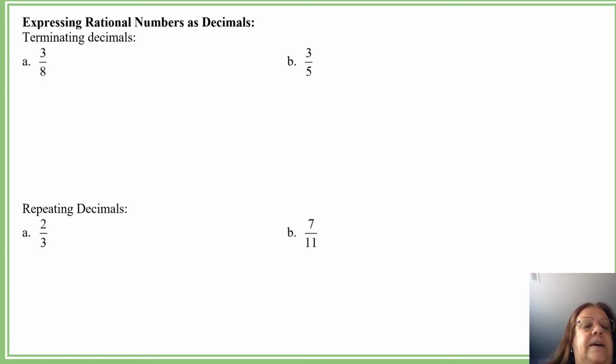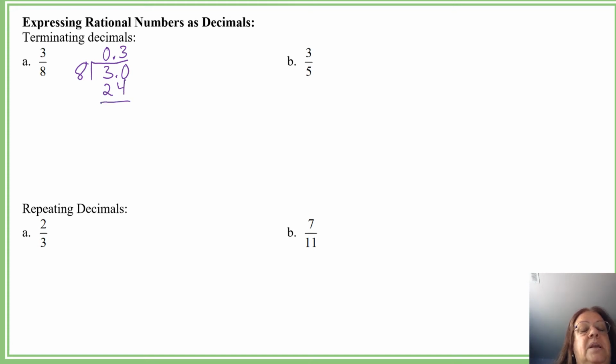Okay, so we have 8 into 3. Well, it's not going to go into 3, so we immediately have to give it a 0.0. All right, now 8 into 30, I get 3, which is 24. Okay, 3 times 8 is 24.